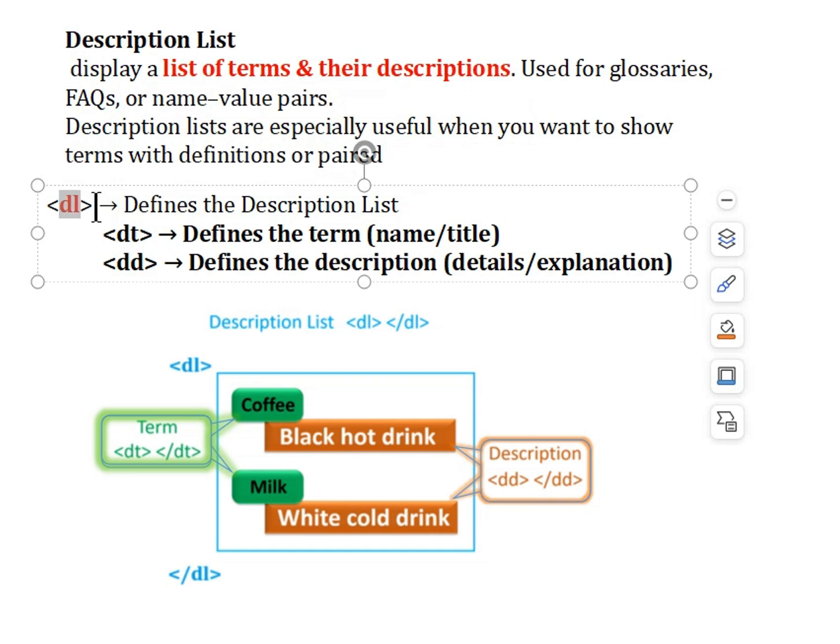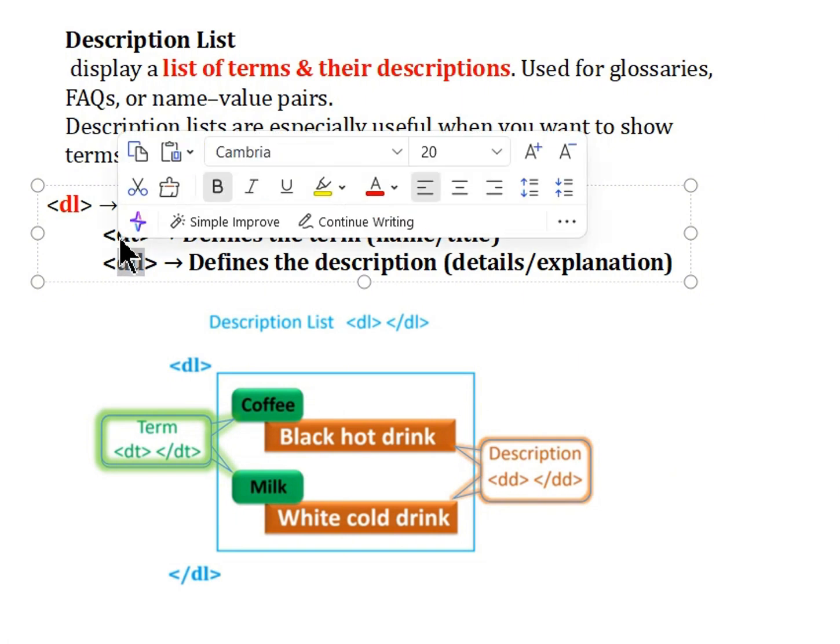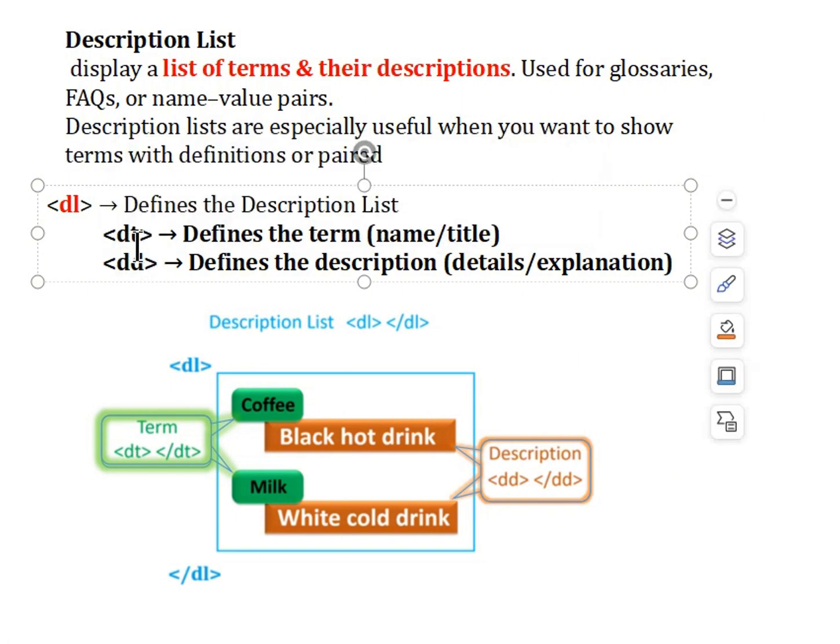And under the description list, DT and DD. DT stands for define the term, or the name or title, and DD means defines the description, details, explanation, etc.